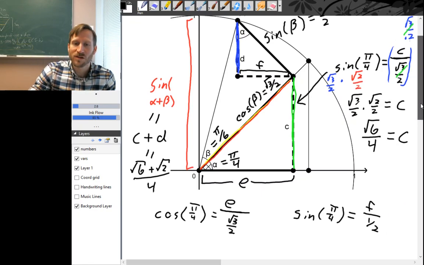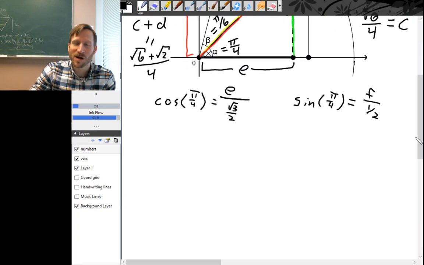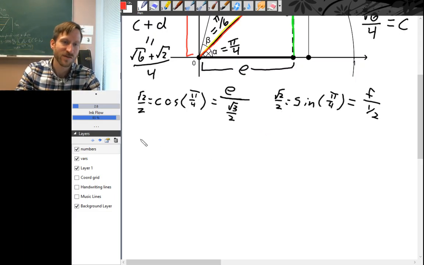And for both of these equations, the only unknown parts are E and F, so we should be able to find E and F. So cosine pi over 4 is root 2 over 2. Sine of pi over 4 is root 2 over 2. So for each of these equations, let's clear their denominators.